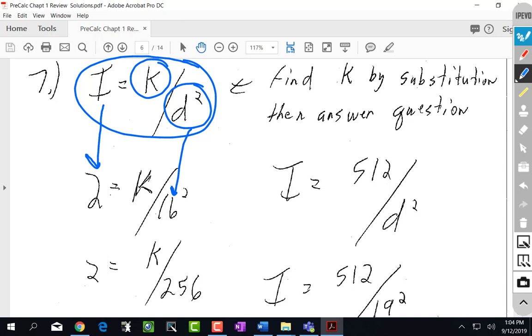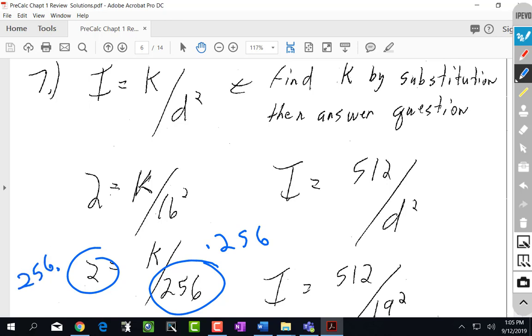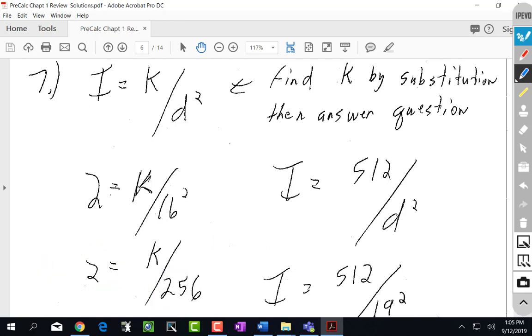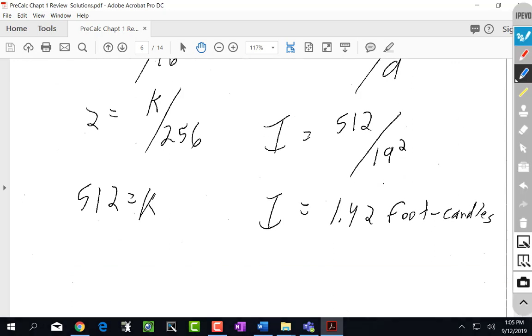Solving this, I'm going to take 16 and square it, and I get 256. That all equals 2. I'm going to multiply by 256 on both sides to find out what my value of k is. That constant of variation, also a type of slope, is 512 equals k.